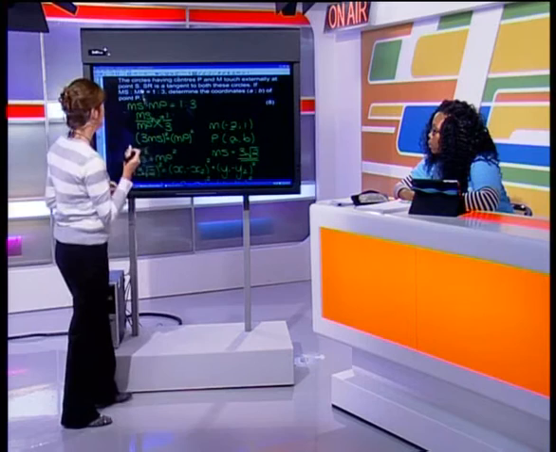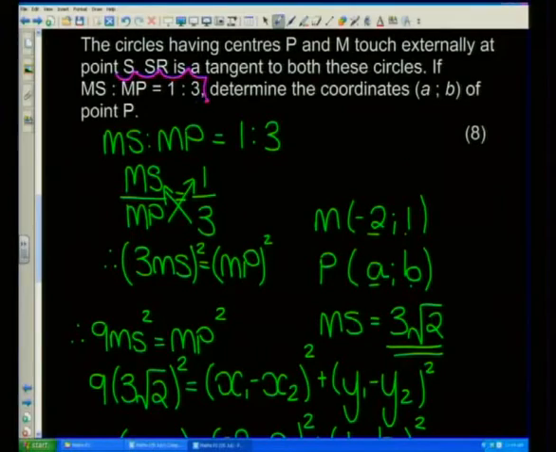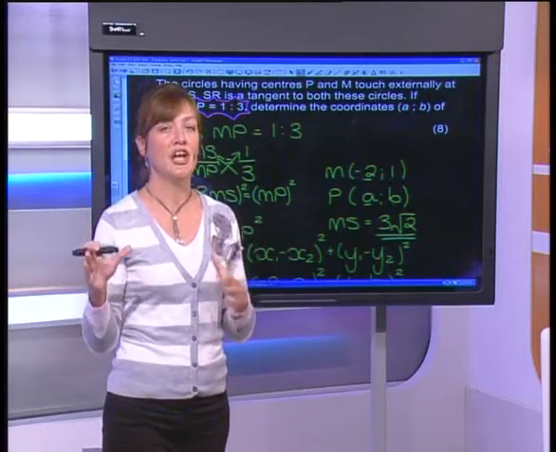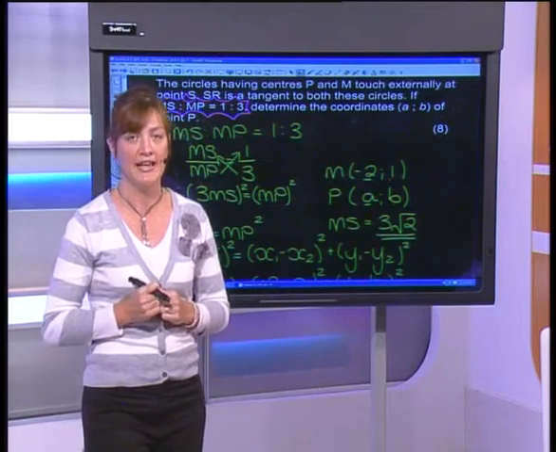So we had to involve the coordinates of A and B, and obviously they gave us this information over here, which is important, okay? Obviously they wanted us to use that. They told us that the distance of MS to MP is in the ratio of 1 to 3. Now, when you see ratio, I know sometimes you guys get a bit of a fright with that and you're not always sure what to do with it, okay?